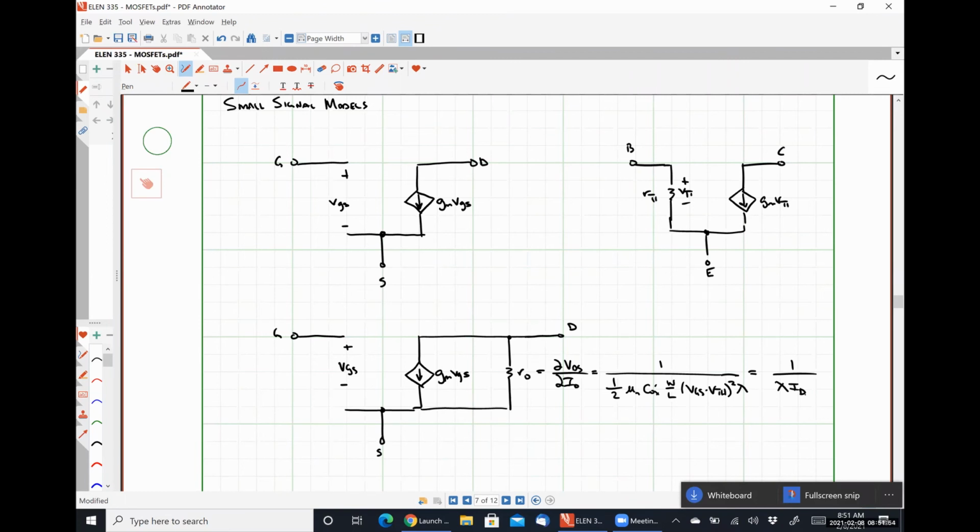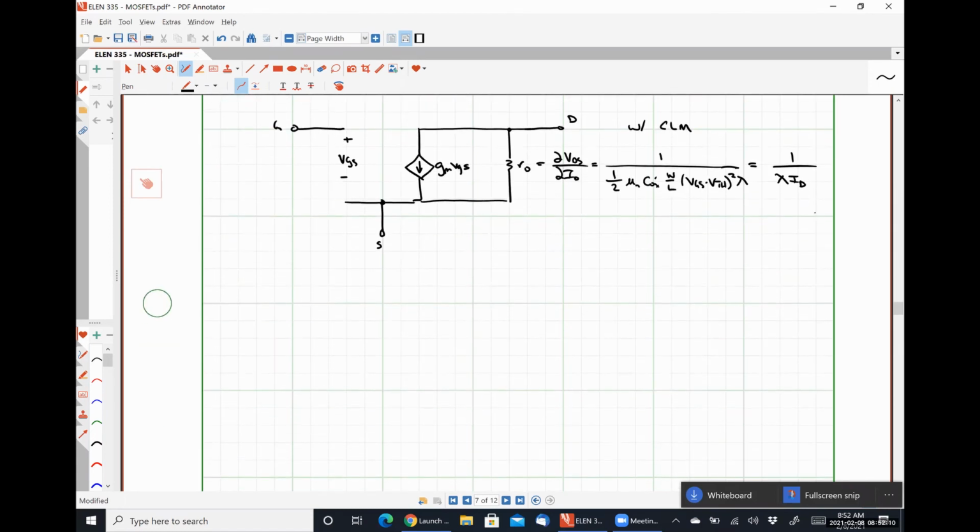So this is with channel length modulation. Lastly, we're going to include channel length modulation and body effects.